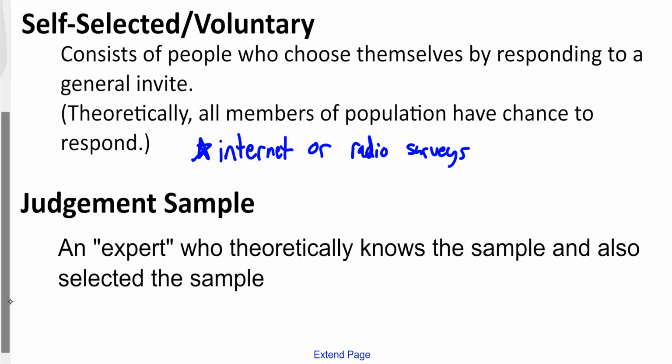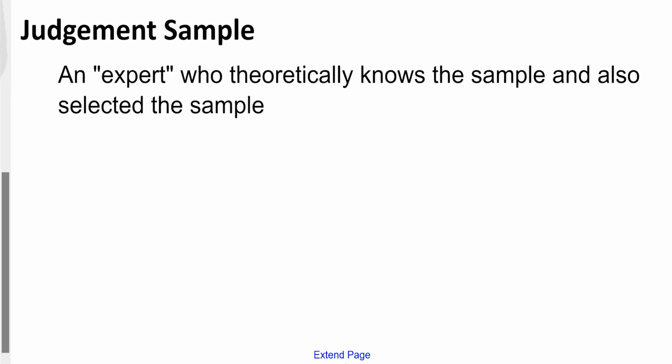And the last one I want to talk about is judgment sample. It's kind of uncommon, but this is where an expert who theoretically knows about the sample is the one selecting the sample.